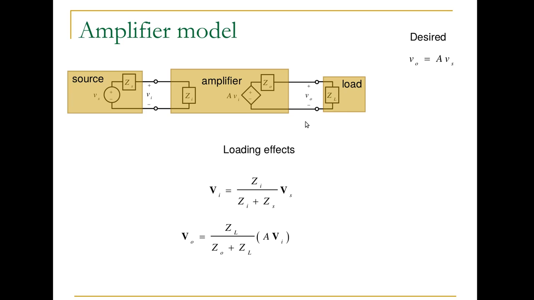You can just see here the effects of the loading on the desired behavior for this system. When we have these non-ideal systems where they have impedances that aren't what we would hope, then the voltages aren't what we would expect. And by ideal, that means that the input impedance is infinite and the output impedance is 0.